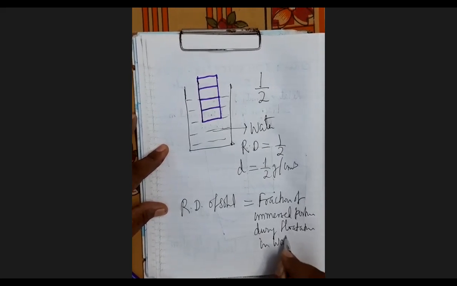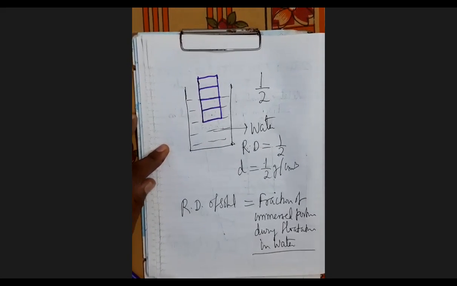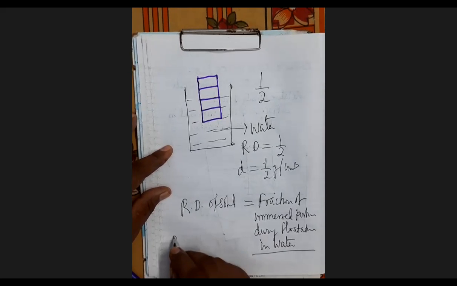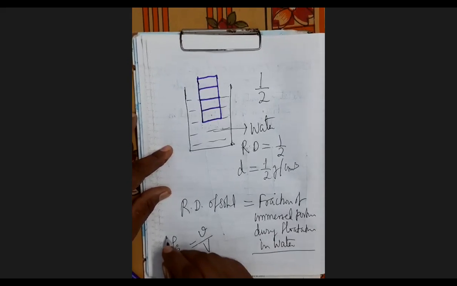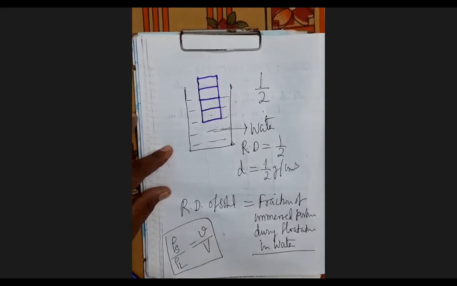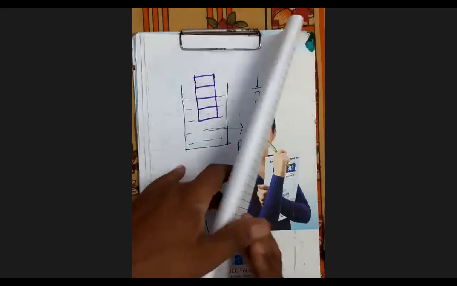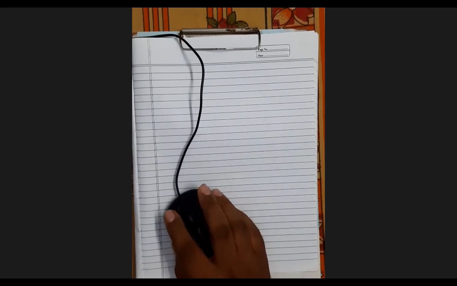Is it clear? In symbolic form, we remember this as rho S upon rho L equals small v upon capital V, which I have already told. Now you can see the numericals. Some numericals are very simple here.